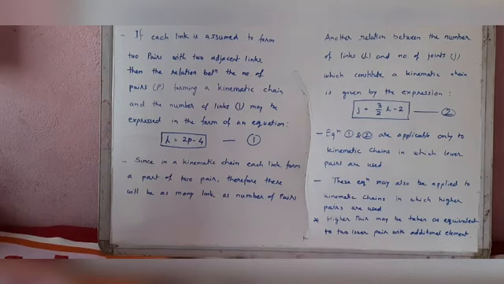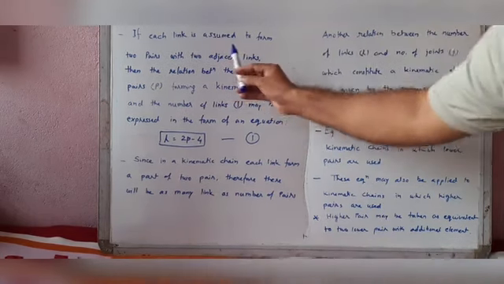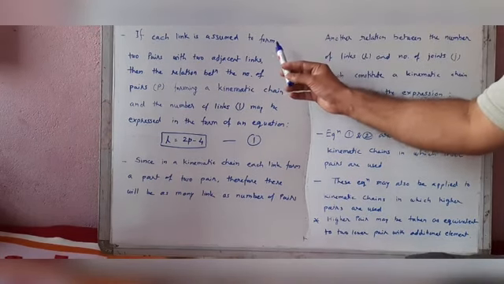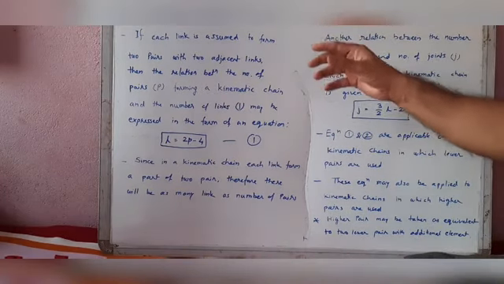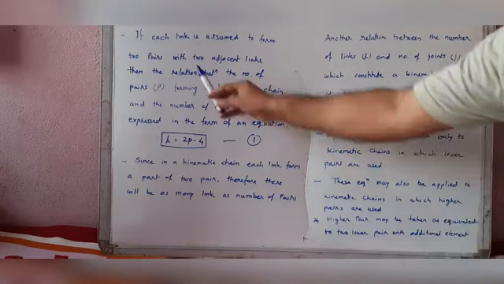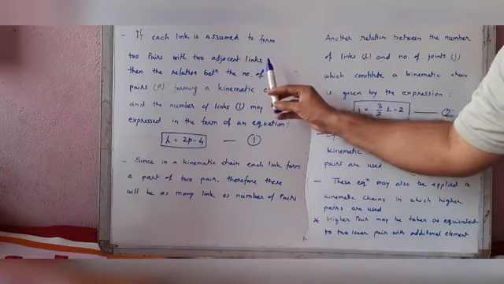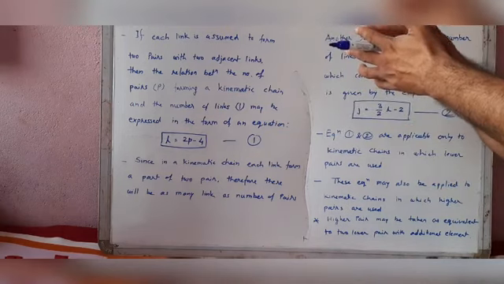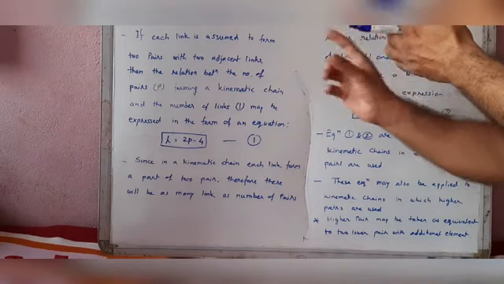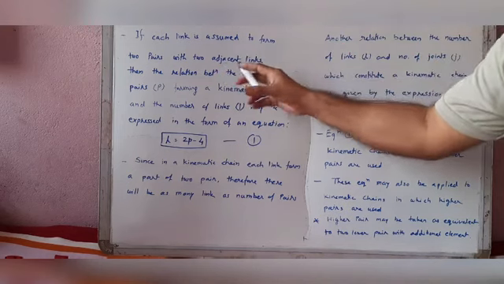Here, each link is assumed to form two pairs, meaning two pairs form a link with two adjacent links. This is one pair and one link, with two adjacent links.